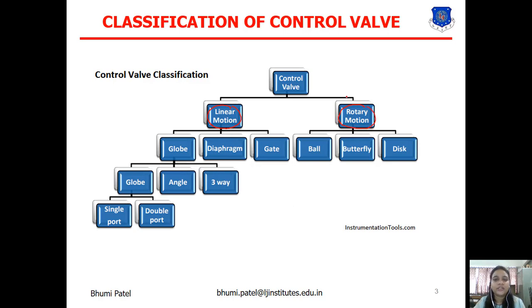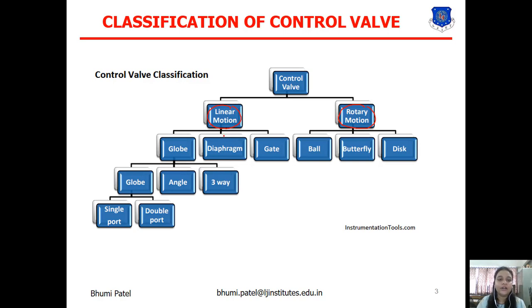If the stem moves in a linear motion, this type of control valve is known as a linear motion control valve, and if it is in rotation motion, the valve is known as a rotary motion control valve.